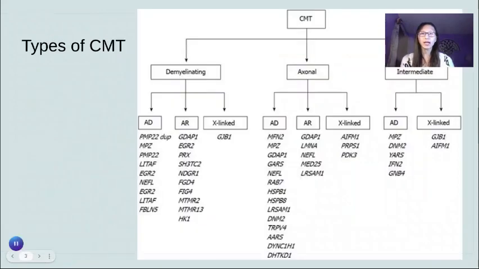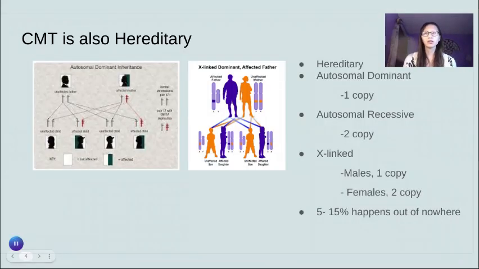In this slide, there is an umbrella of CMT that is separated into subcategories: demyelinating, axonal, and intermediate. CMT is also hereditary, meaning they got it from their parents. If it is autosomal dominant, they may only need one copy. If it is autosomal recessive, they might need two copies.